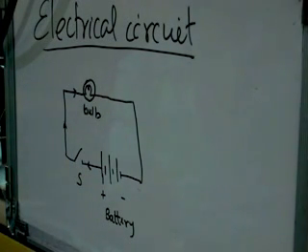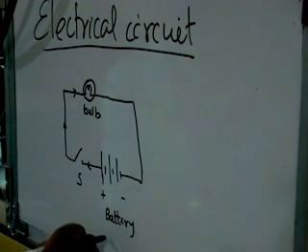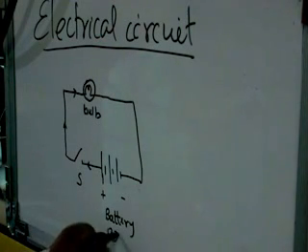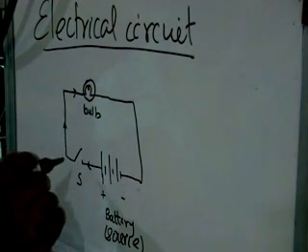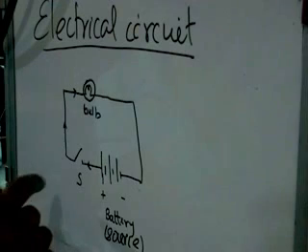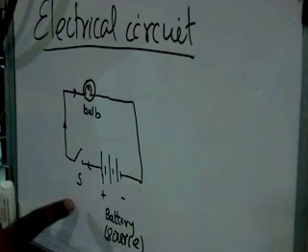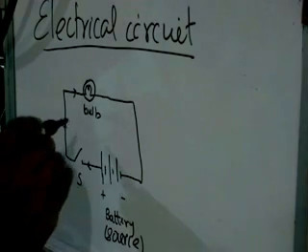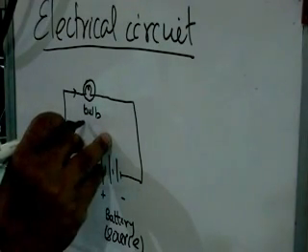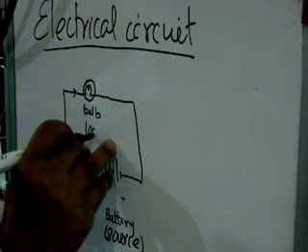So the basic theory behind a circuit is that it must have a source. This is the source, a battery in this case, and it must have a switch to control the flow of electricity, and a load. Load in this case is the bulb.